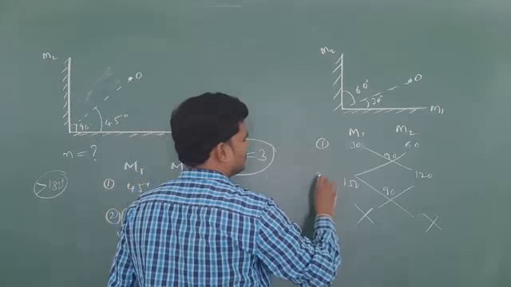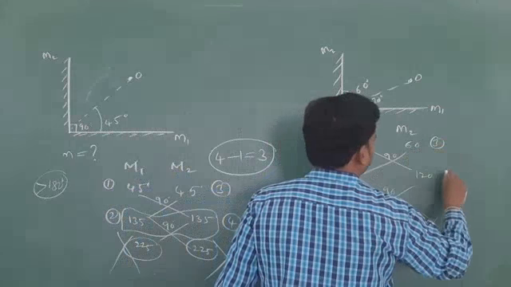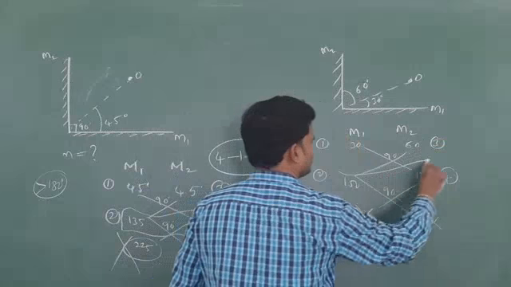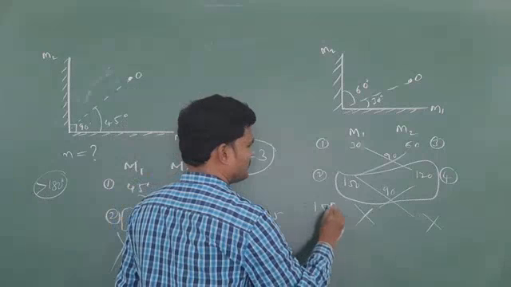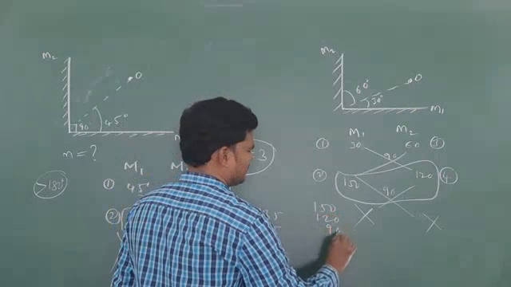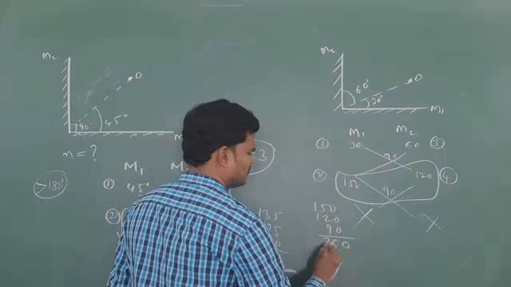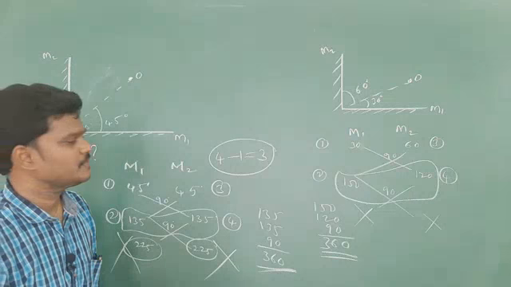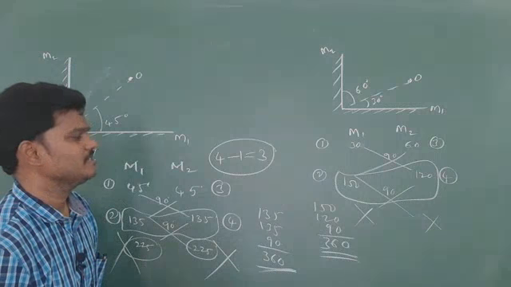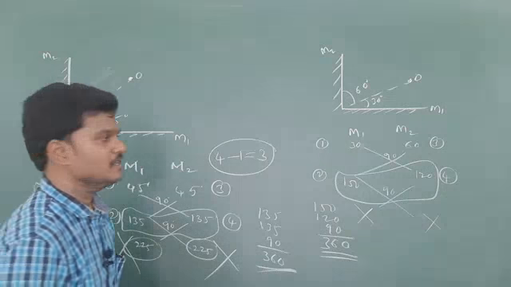Number of images 1, 2, 3, 4, and add these 3 numbers. How much is it? 150, 120, 90, 0, 360. Check it once again.